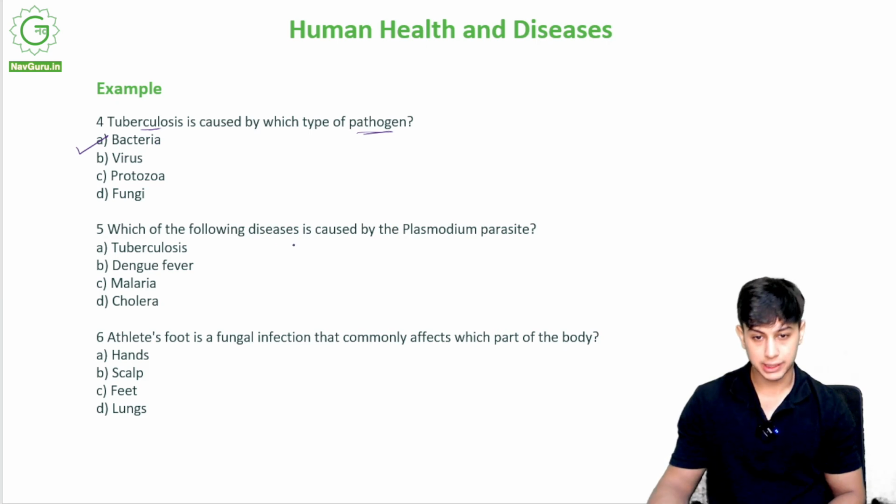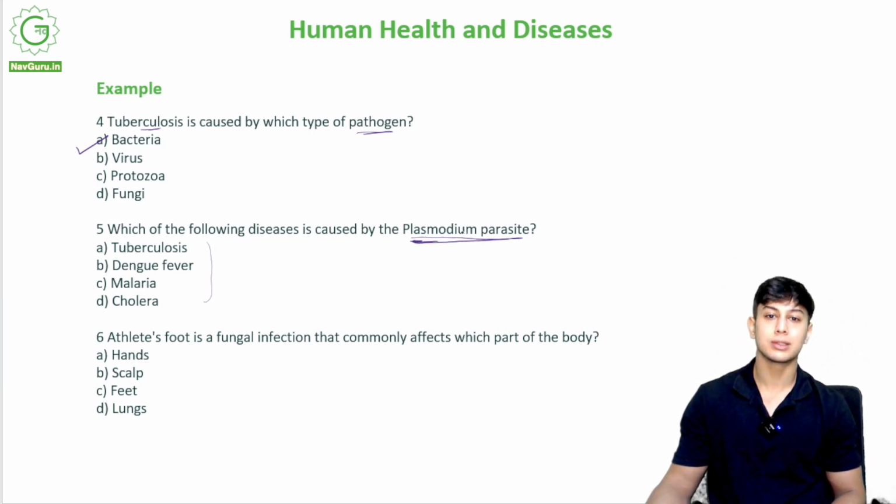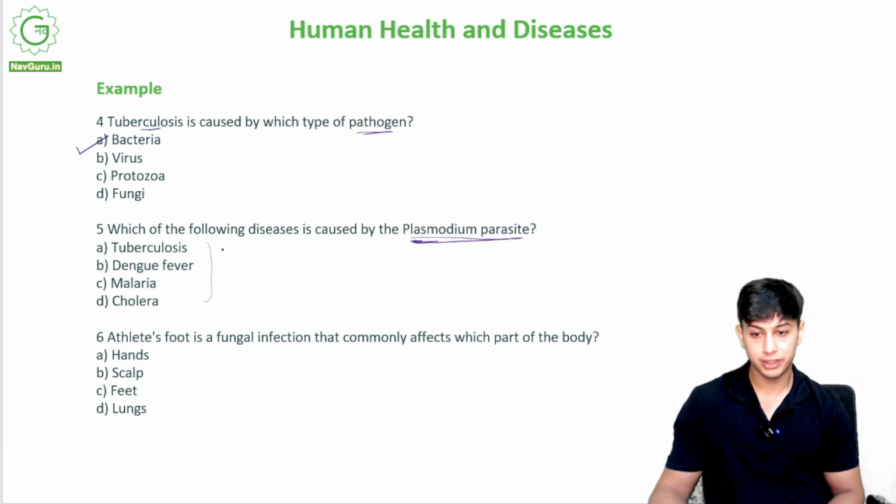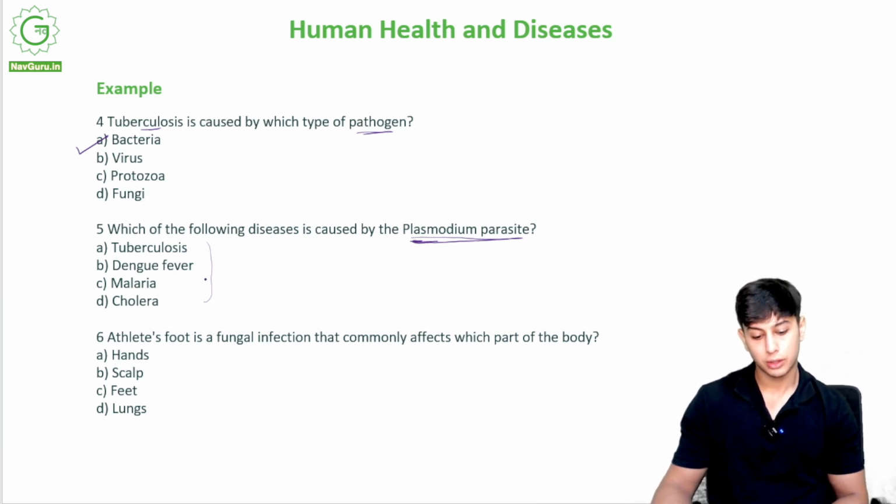Which of the following diseases is caused by the Plasmodium parasite? Okay, so out of these, one is caused by the Plasmodium parasite. What type of diseases do parasites cause? Protozoan, right? So parasites cause protozoan diseases. Okay, mostly. Which of the following diseases? Tuberculosis, dengue fever, malaria, or cholera?